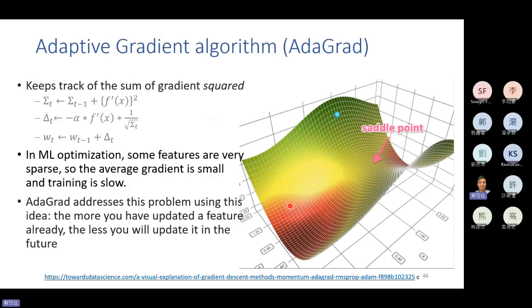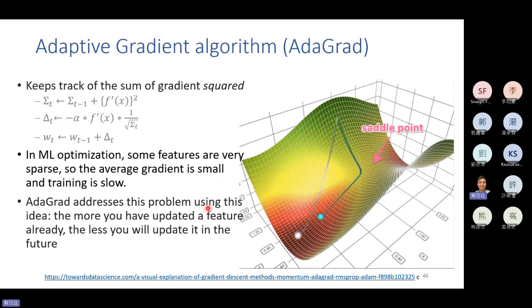There is another way to update the function called the adaptive gradient algorithm. First, track the sum of gradients squared. In machine learning, because there are so many features, some features are sparse, so it will make the average gradient small and training slow.